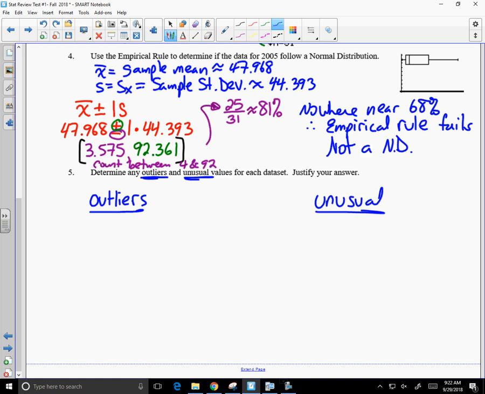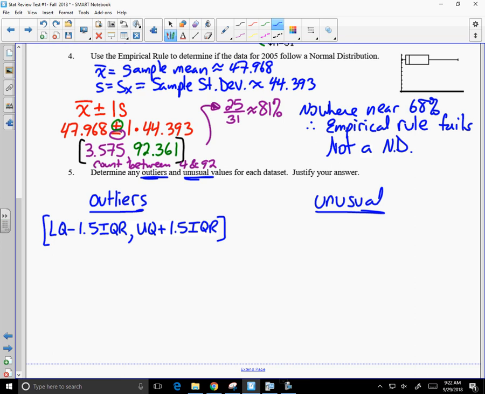Outlier formula: LQ minus 1.5 the IQR, comma, UQ plus 1.5 the IQR. Very intimidating formula, but we have two nice workarounds. Two very nice workarounds. We'll get to those in a minute.